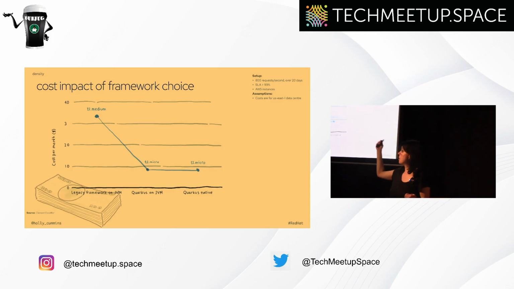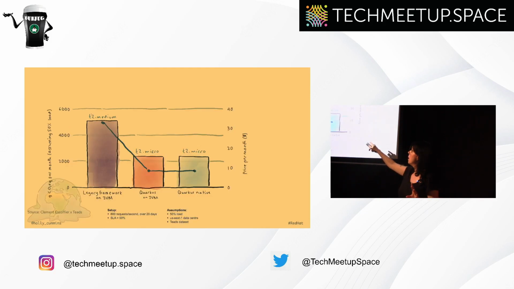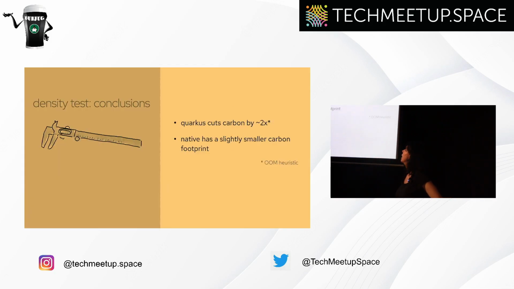With this information and the TEEDS data set, I was able to go and get carbon metrics. And you can see the economic model in action here, because the bars are carbon and the lines are cost. They don't match exactly, but the direction of travel is the same. So you can see that Quarkus has about half the carbon footprint of your traditional cloud native stack.